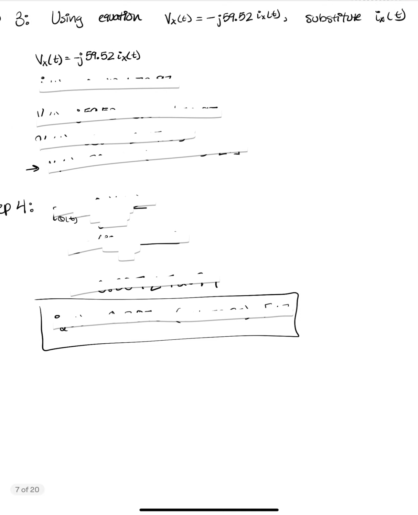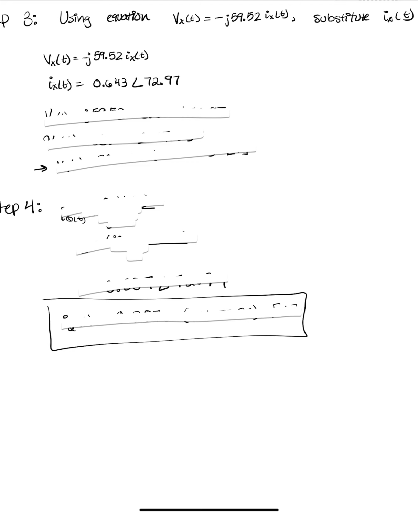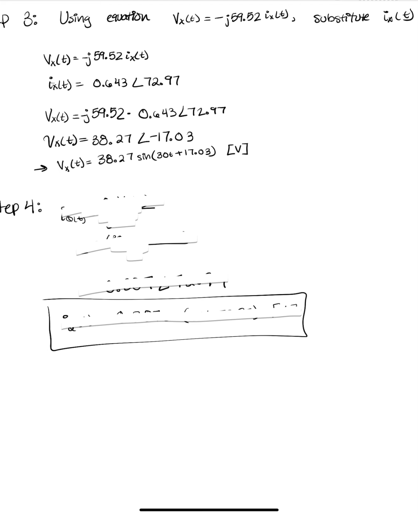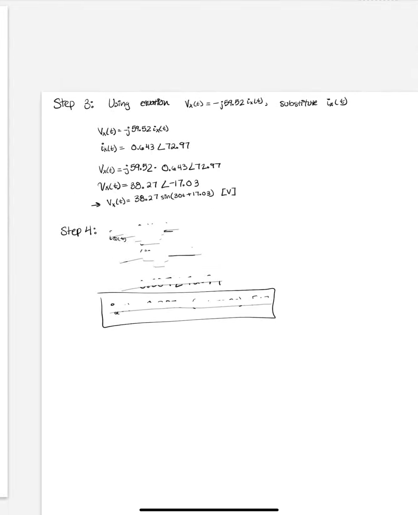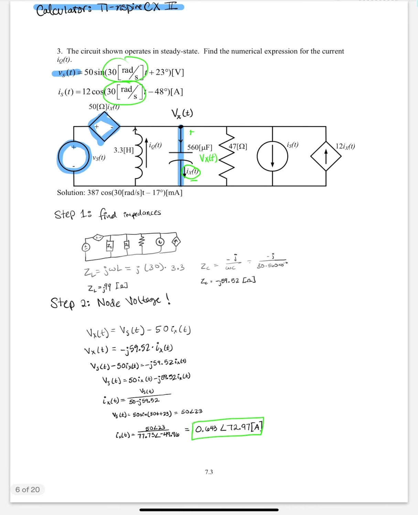There we go. So I just restate it, and I restate my Ix of t, substitute it in, and that is our new Vx of t. And I convert this into the actual equation just because our other two equations are in the same form.